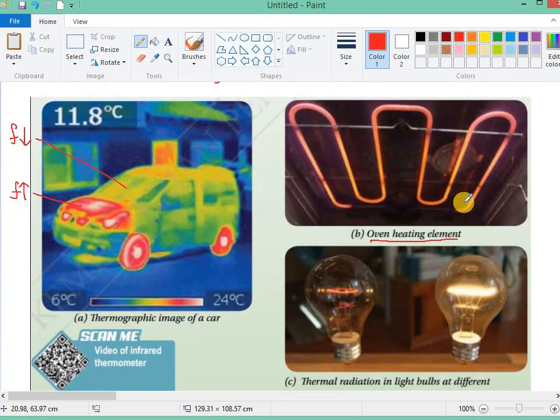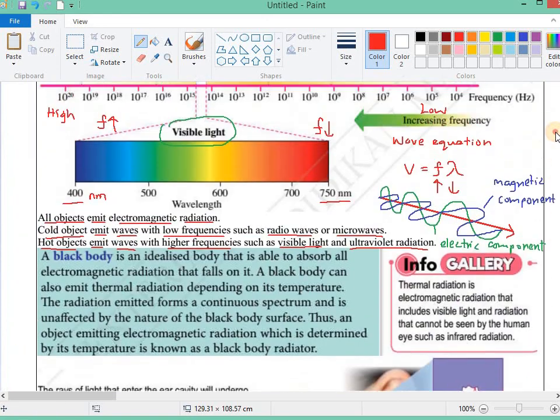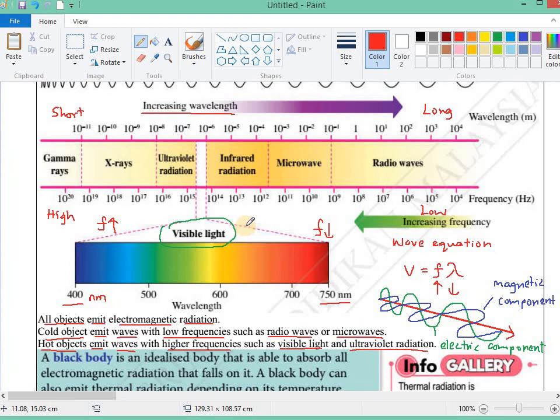If it is even hotter, then you will see like this one. You see, this one looks a bit like white light, right? Why can it produce white light? Because it is so hot, much hotter than the oven heating element. This bulb filament is so hot that the electromagnetic radiation that is produced goes until maybe the blue light.